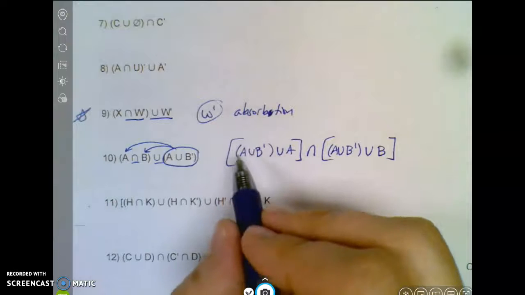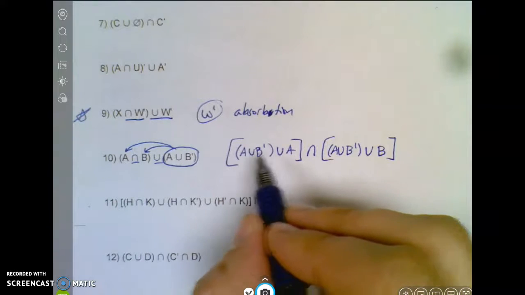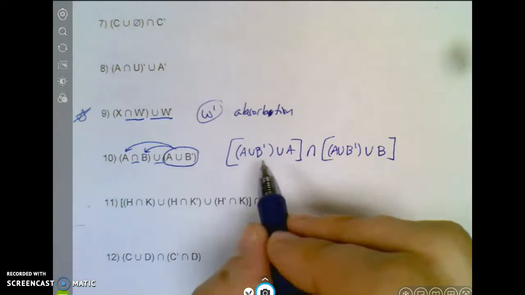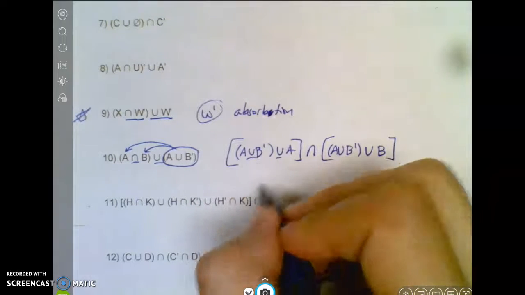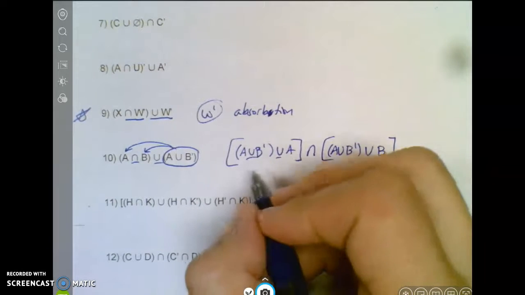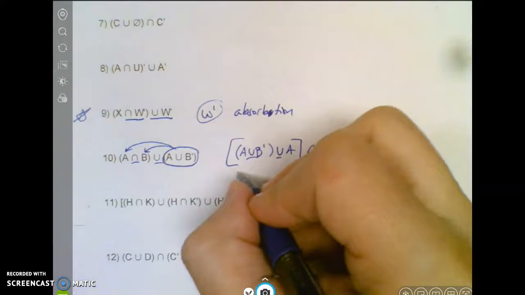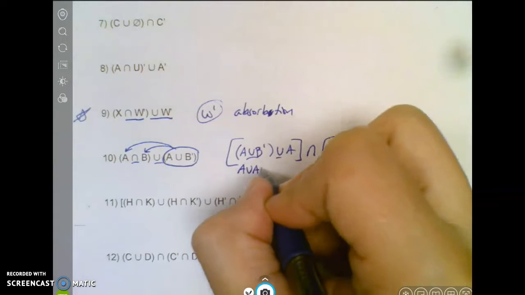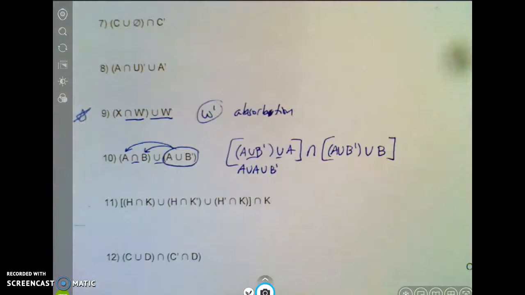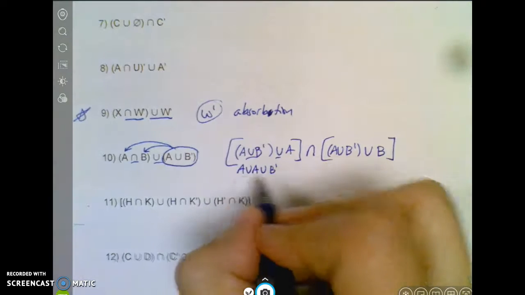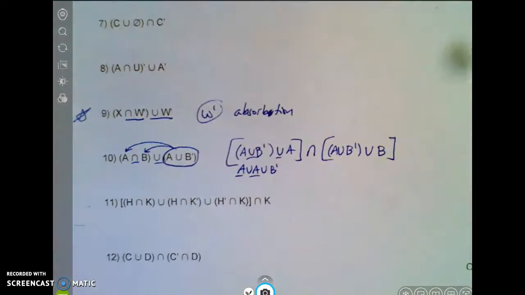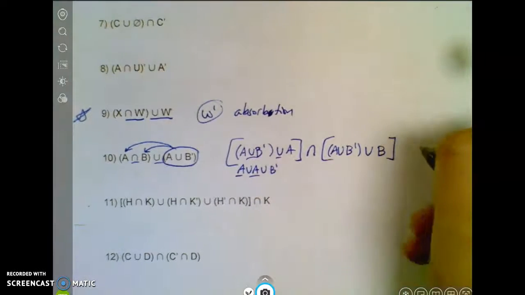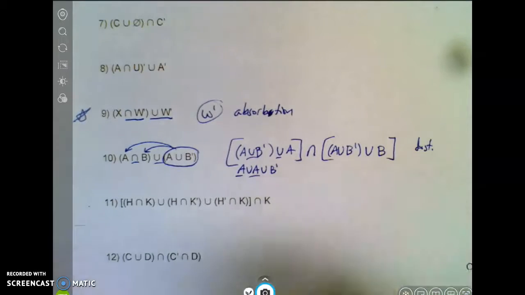All right. Okay, so now here, is there anything I can do with this if I want to? Well, yeah, there's something you can do. See how they're all unions in here? I can scramble the order if I please, and I do please. So I would much rather it say this. Because what do I get when I put an A together with an A? Wait, I should write distributive property.